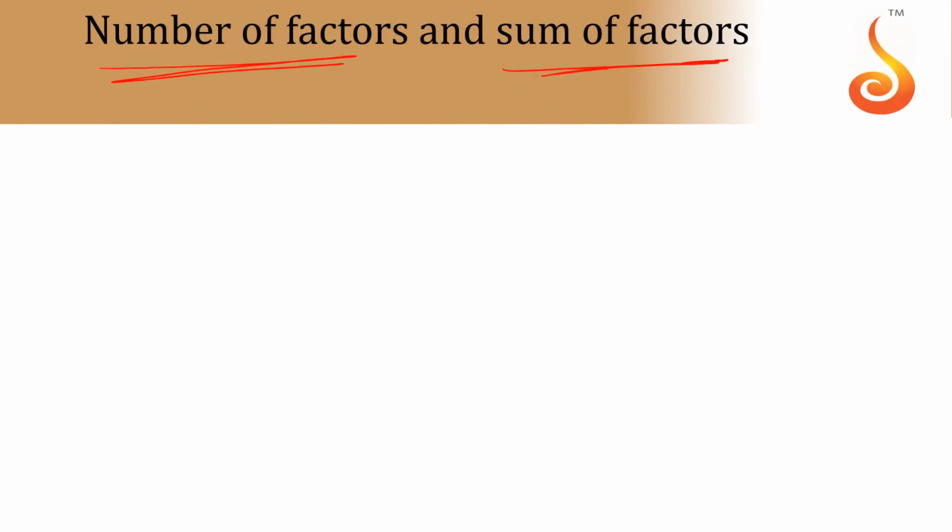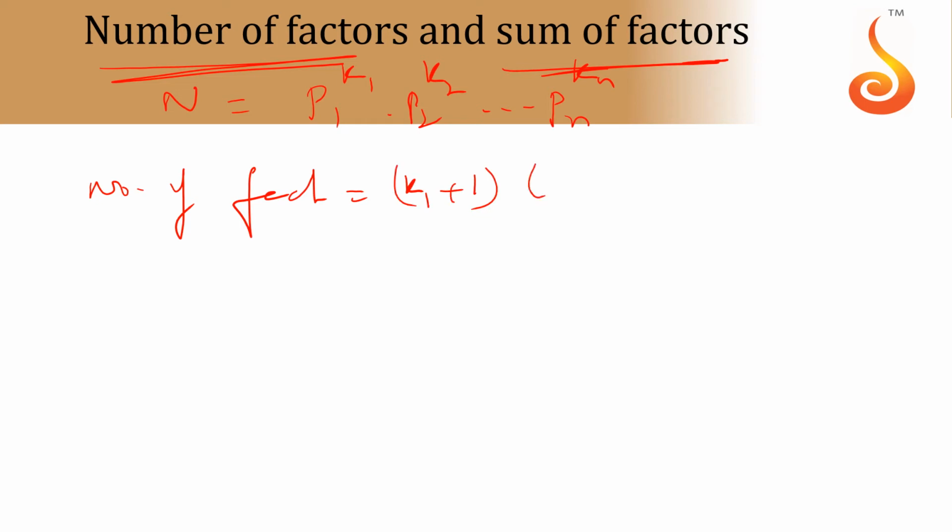Number of factors and sum of factors. Suppose any number n which is not equal to 1, if you split into primes, p1 power k1, p2 power k2, and so on, pn power kn. The number of factors will be (k1 plus 1) into (k2 plus 1) and so on, (kn plus 1).